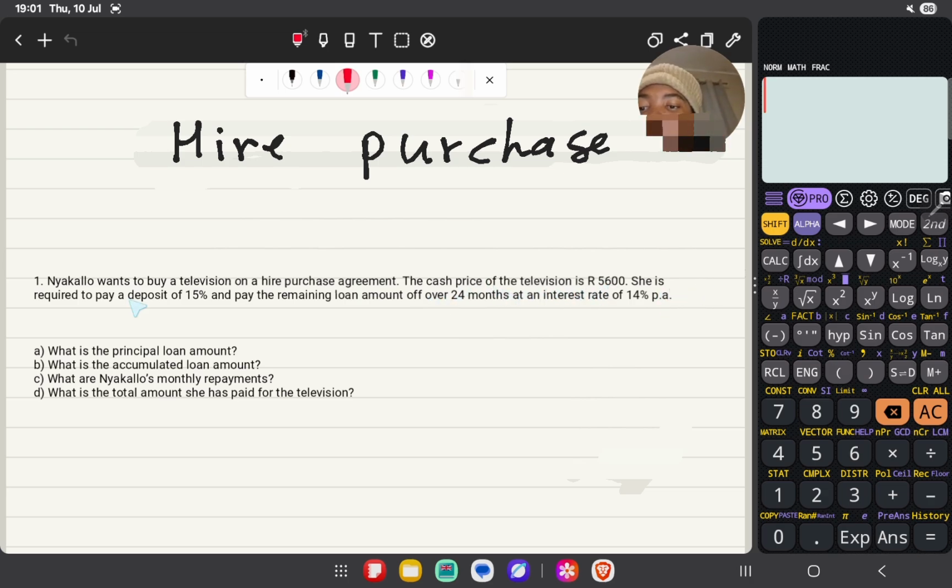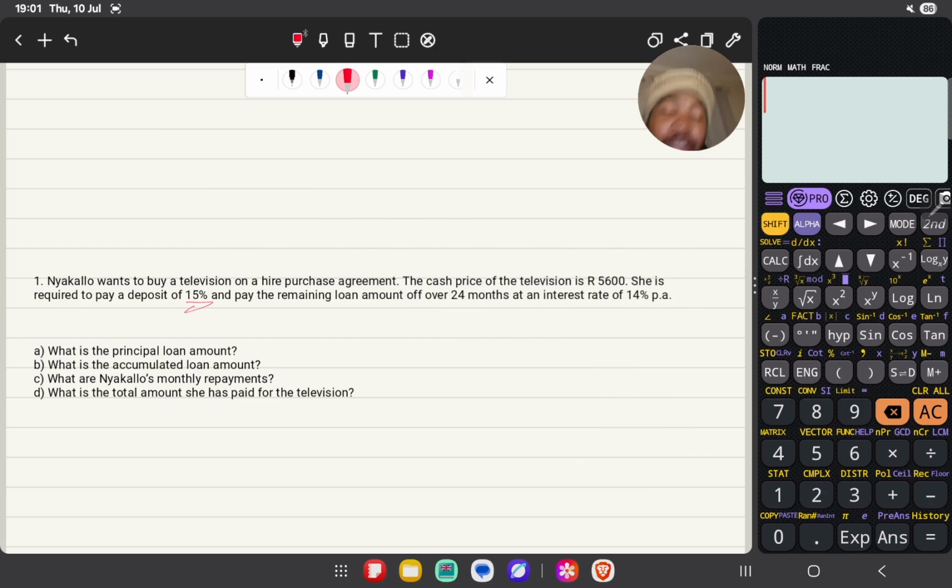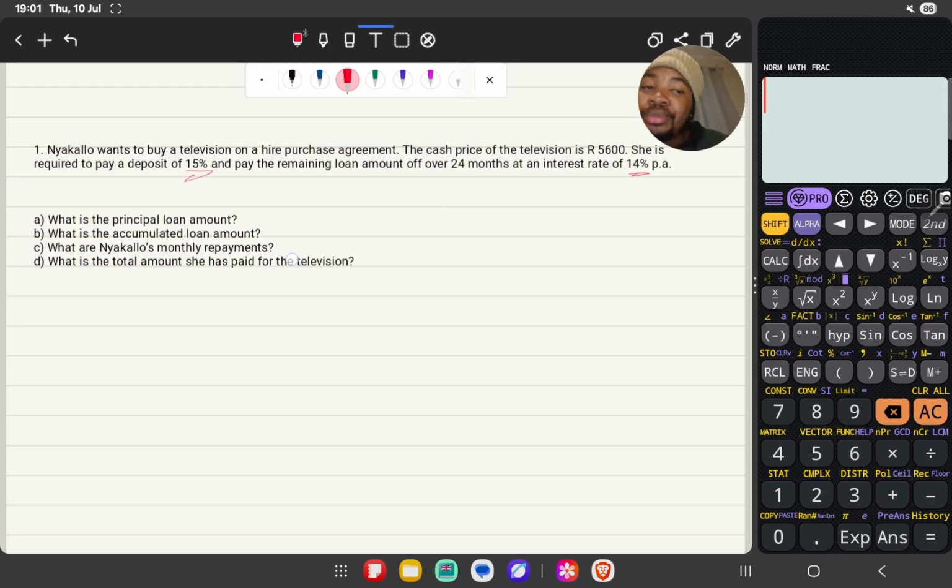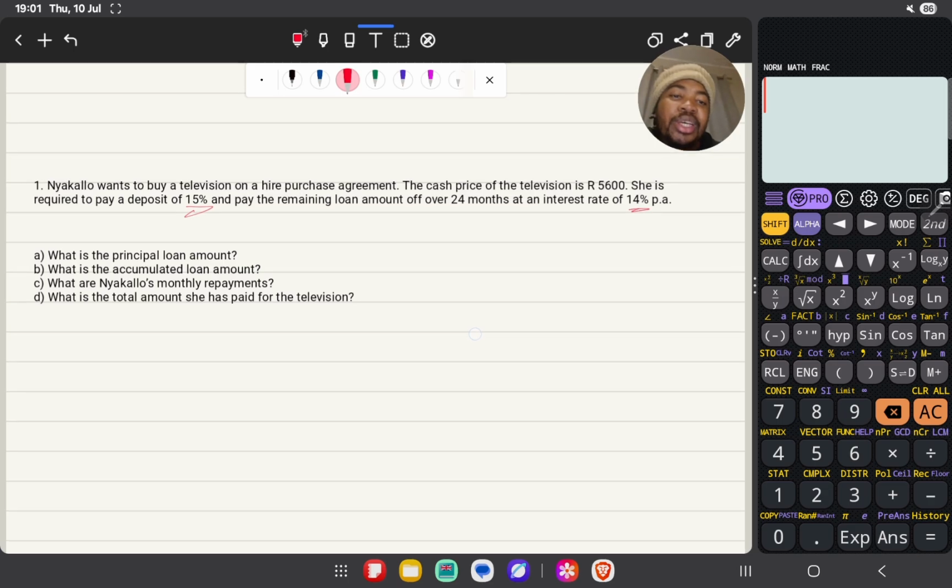She is required to pay a deposit of 15% and pay the remaining loan amount over 24 months, which is of course 2 years, at an interest of this much. One of the reasons I picked this example is that the way it is structured helps us properly calculate these hire purchase problems.